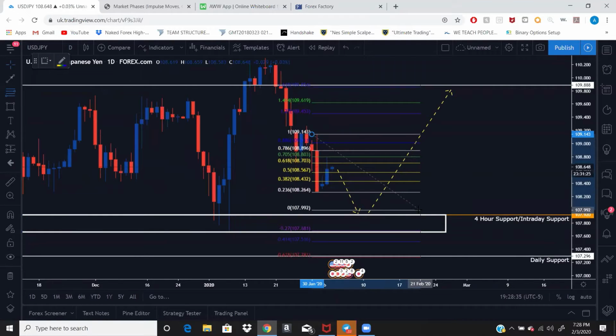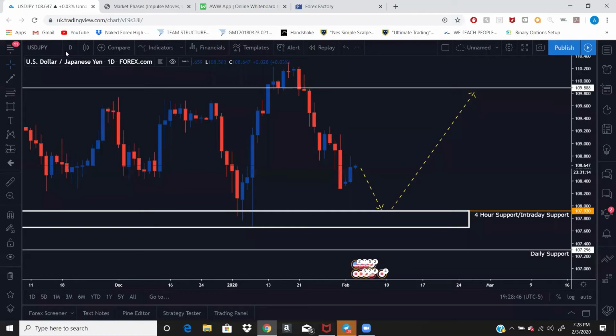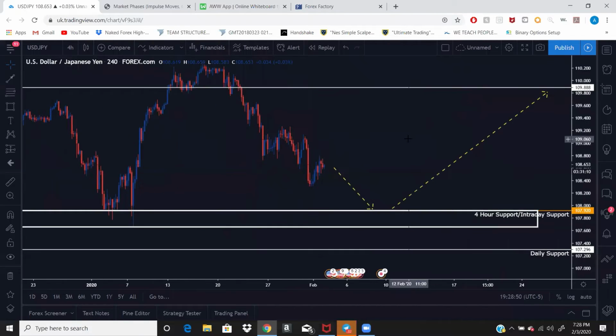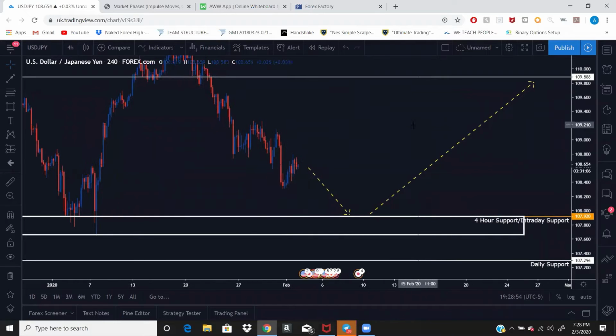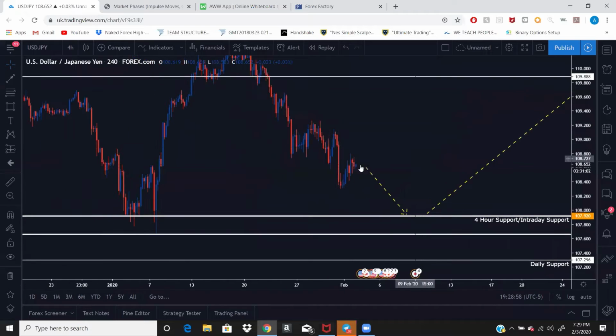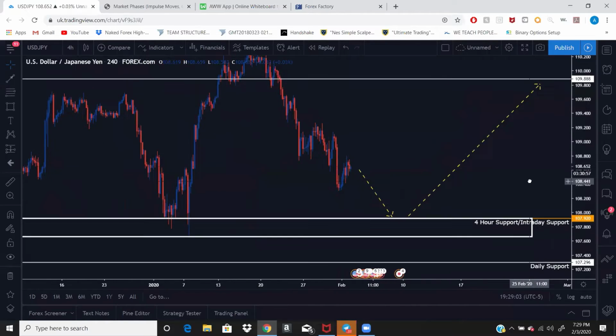Let's just measure this. Yeah, we rejected 61.8. So it could be actually going down any moment. So this is what I'm expecting on USD JPY. One more leg down and then possible buy back up for 200 pips.